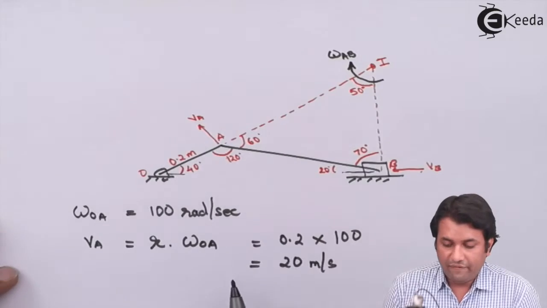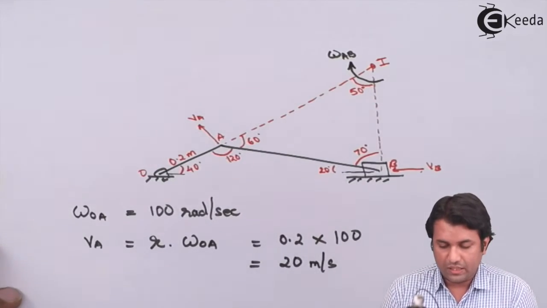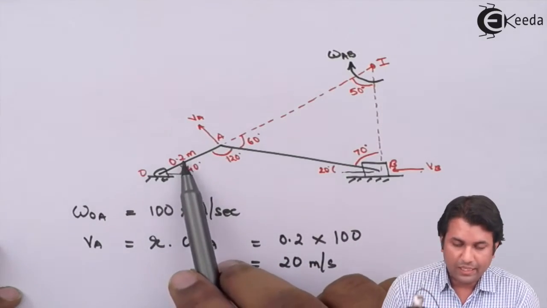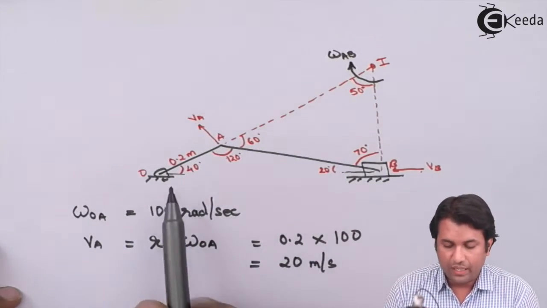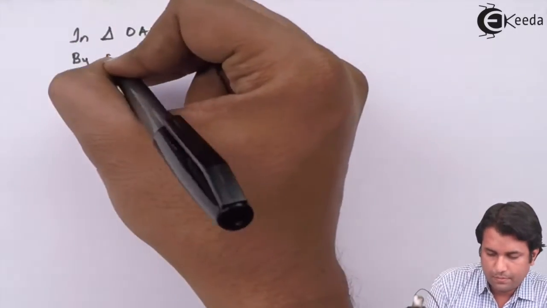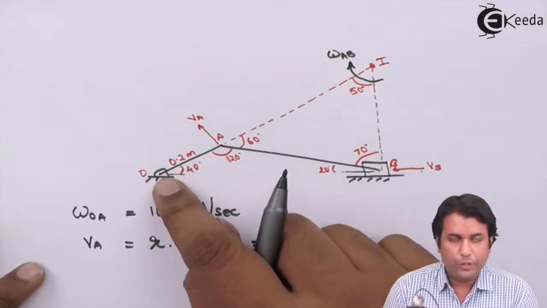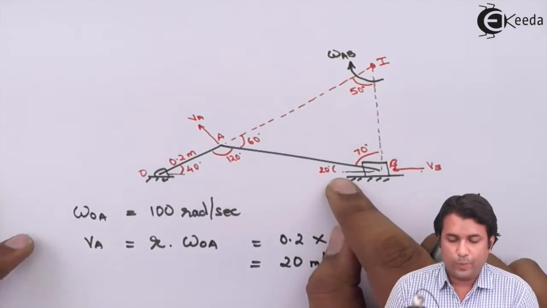To do that, I first need some distances. Now, how to get those distances? This is the triangle that I have with this side as 0.2 meters. If I apply the sine rule in this triangle OAB, this is 0.2 meters, which I know, and the opposite angle happens to be 20 degrees.